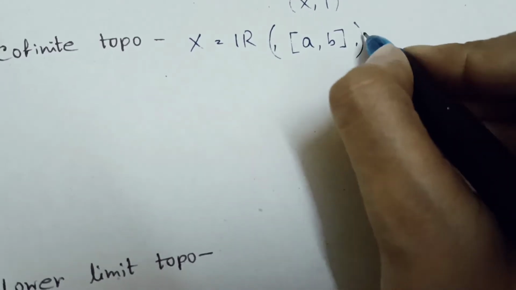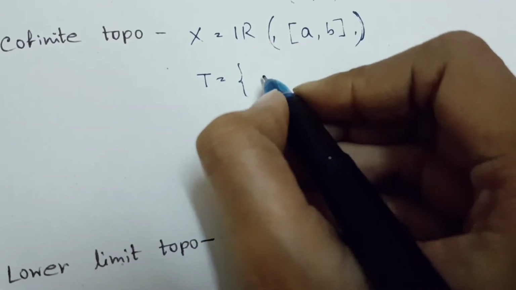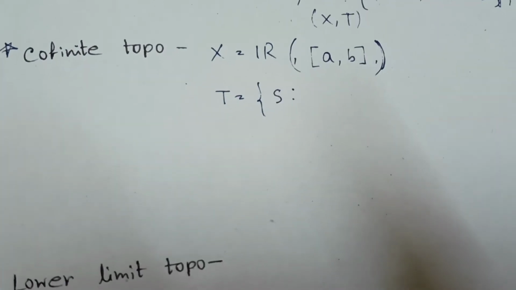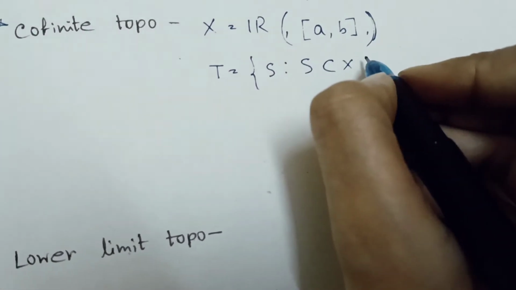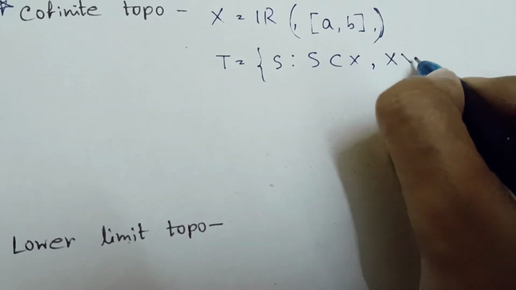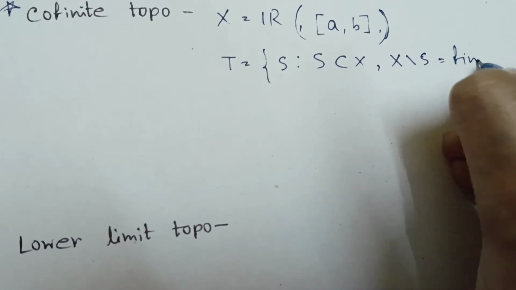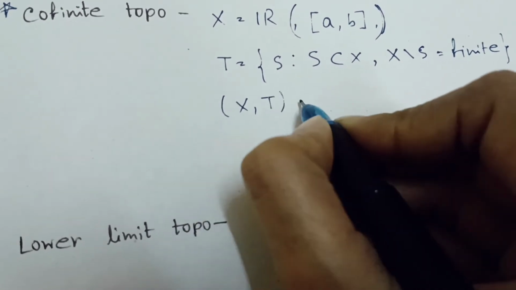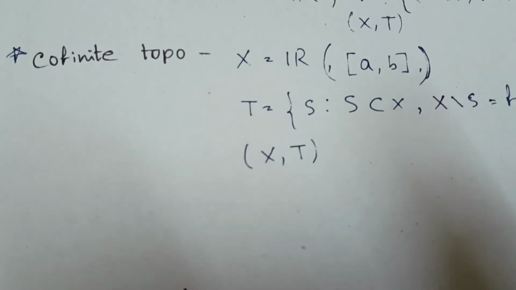In this case, I am taking X equal to R and T equal to the sets S where S is a subset of X and the complement of S in X is finite. This ordered pair (X, T) will form a topology which is called the cofinite topology.